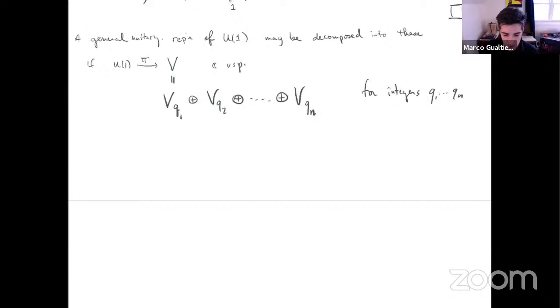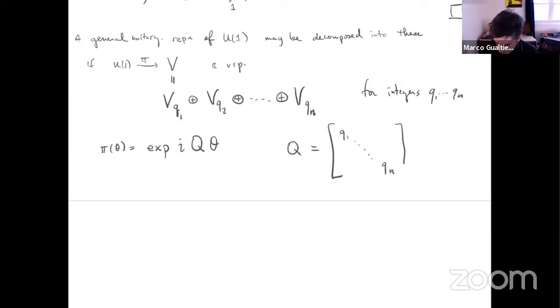And then pi of theta would look like the exponential of i q theta, where q is a matrix of integers down the diagonal.